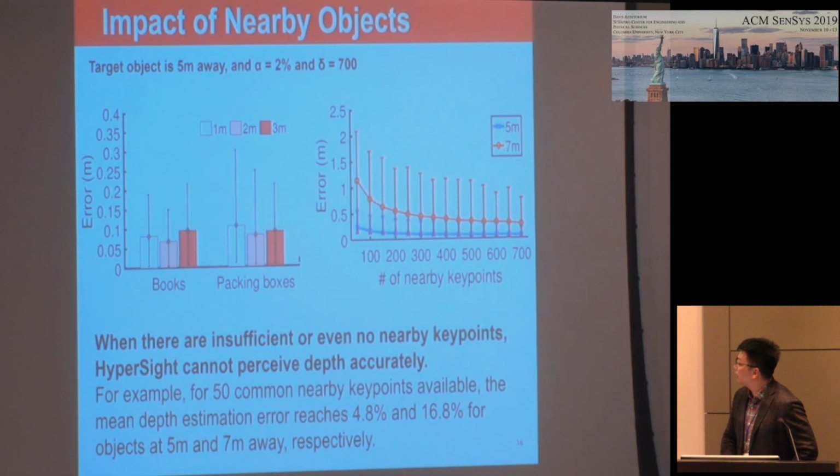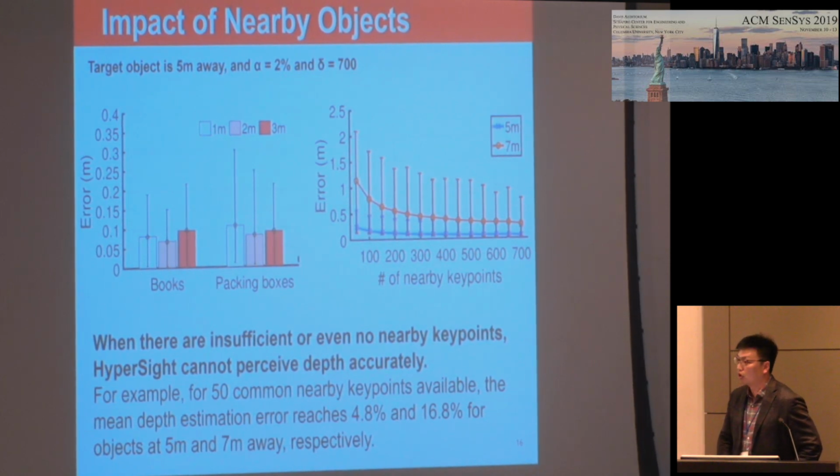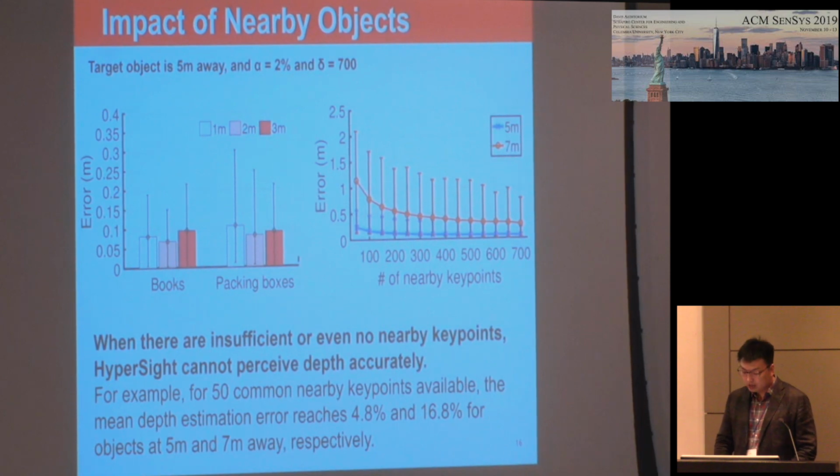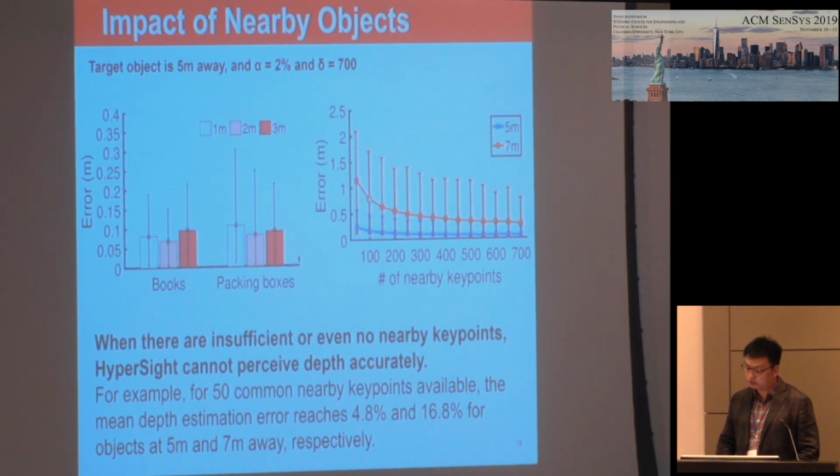If the number of key points is reduced to a certain level, for example, less than 50 key points, I guess HyperSight will not work. But if you can see more nearby objects, or more key points on the nearby objects, HyperSight works well. You can see here the final estimation error.